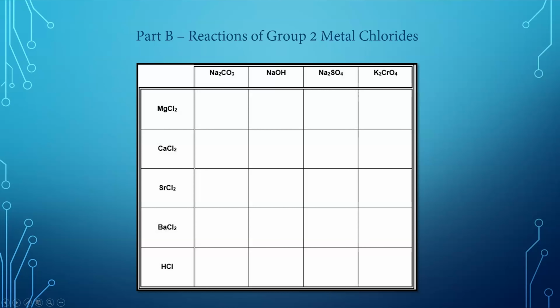So this should give you all the information you need. I'm going to now head into the lab and we'll do each of these 20 reactions. I want you to observe all 20 of those and then write down your observations, and then you can use those observations to answer questions 3 and 4.